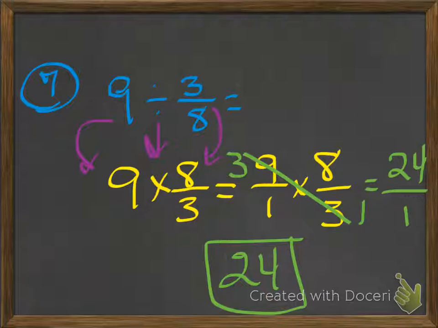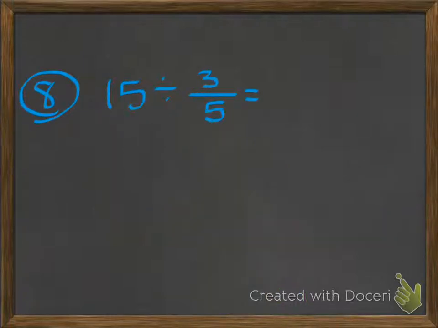And so that is 9 over 1 times 8/3, and you can see that right over here. Then I cross-simplified to make it a little easier, and I divided 3 divided by 3, that equals 1, and 9 divided by 3 equals 3. So now I have 3 times 8, that equals 24, and 1 times 1 equals 1. So 24 over 1, and that equals 24.